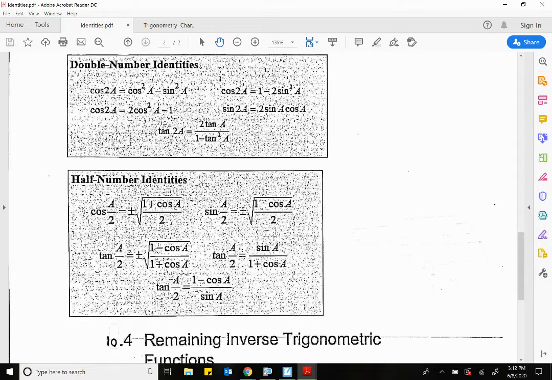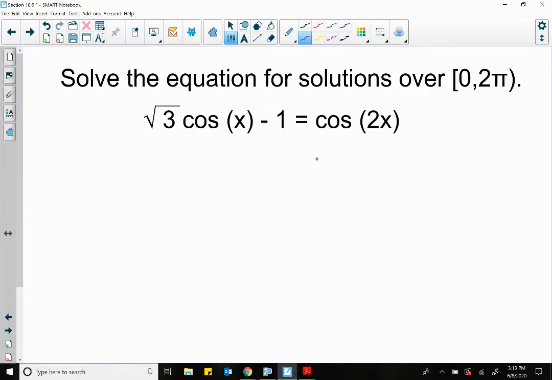I can use that. I can change this for 2 cosine squared x minus 1. Notice it's not a double angle anymore, and it's like cosine x. And I have cosine x. So that makes this a whole heck of a lot easier to deal with.